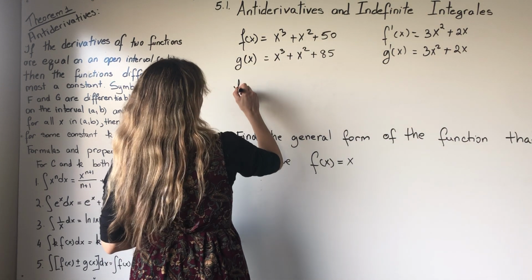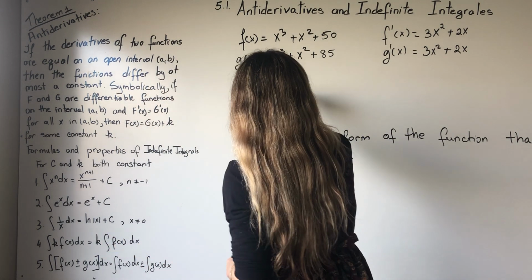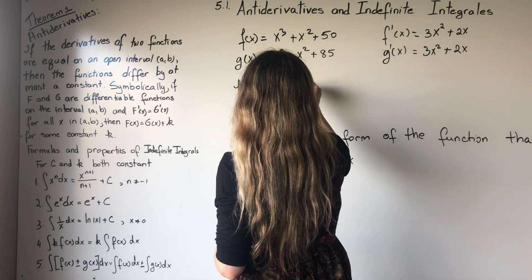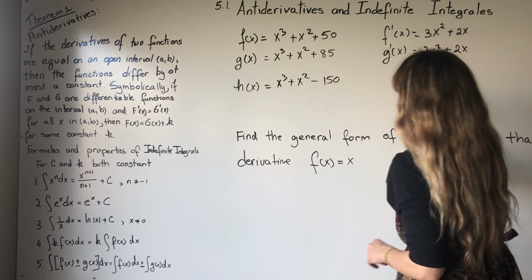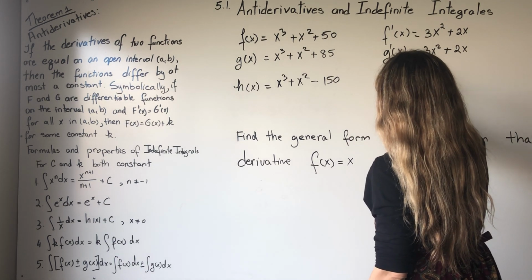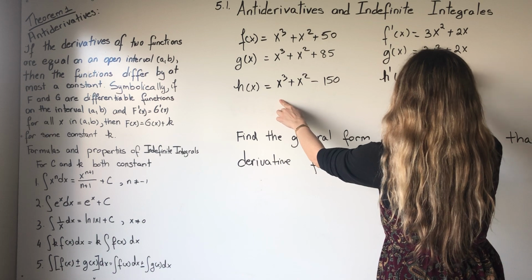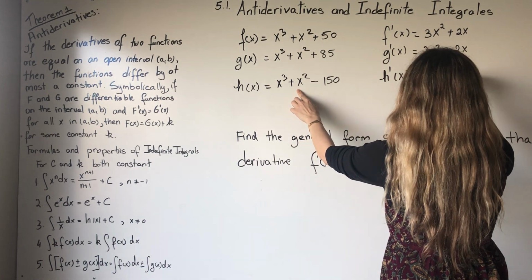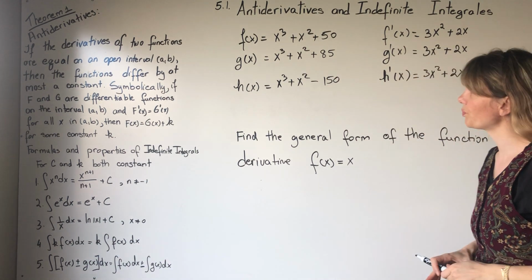And let's have h of x as x to the third plus x squared minus 150. Let's take the derivative of it. h prime of x is equal to 3x squared plus 2x, and the derivative of a constant, once again, is 0.